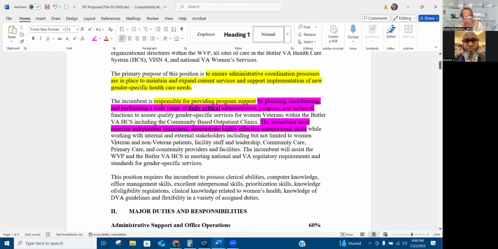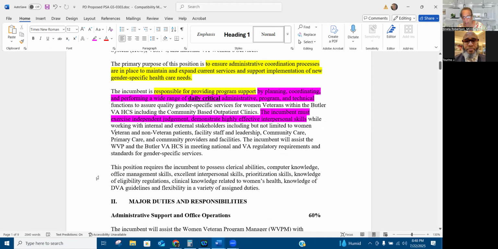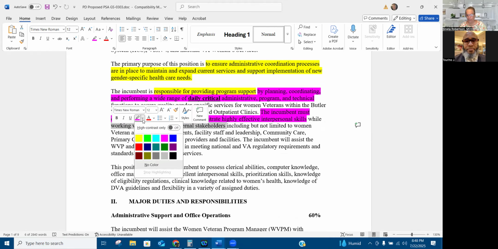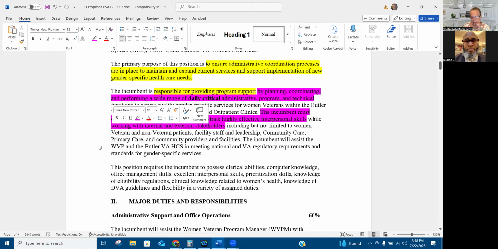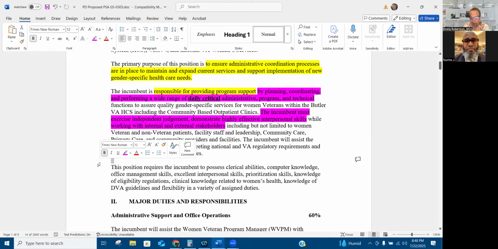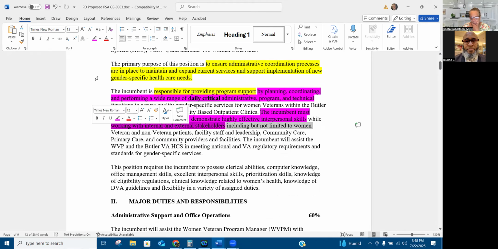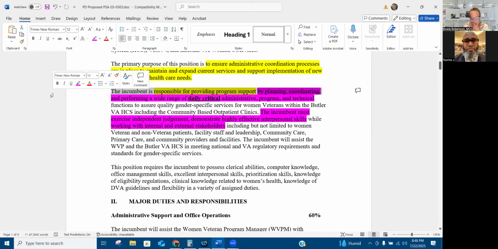Working with internal and external stakeholders, that means that's communication, contacts, internal and external. And when you know what you're looking for, you can pick it out. Including but not limited to women's veterans.